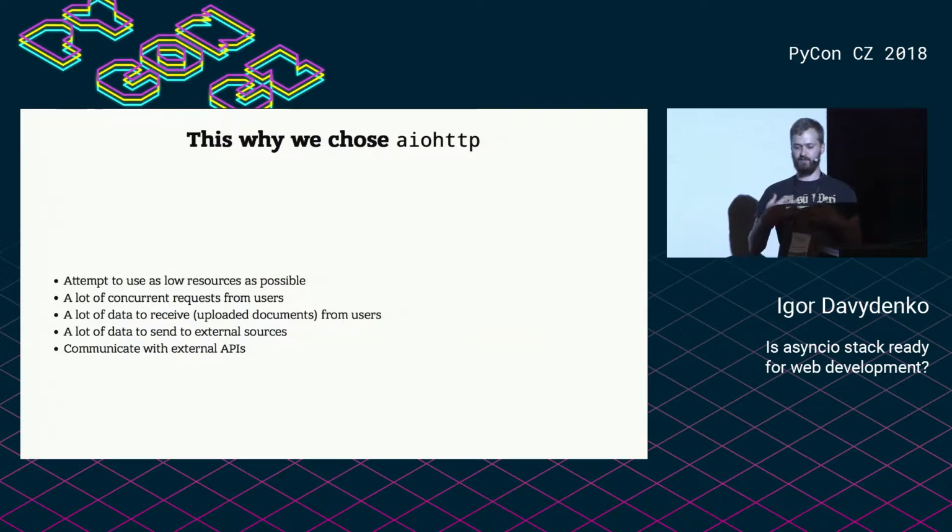A lot of users upload their documents to our service, and those documents may be like 5 megabytes. It's not that much, but we have a lot of those requests, and we need a very quick way to communicate inside of our concurrent code with external APIs.